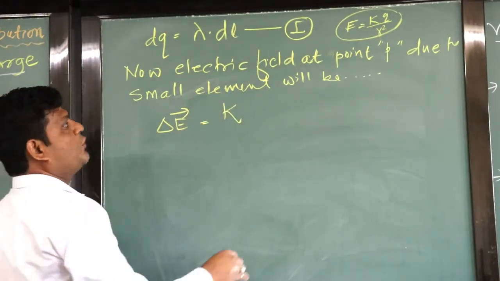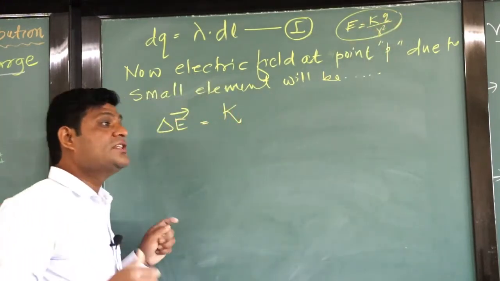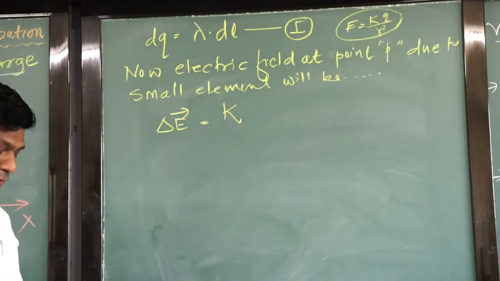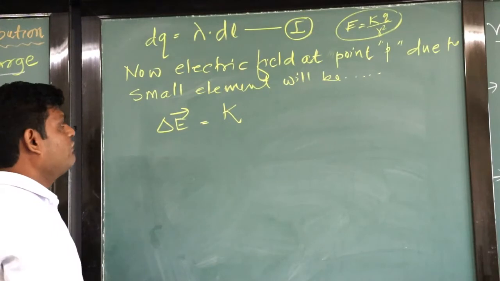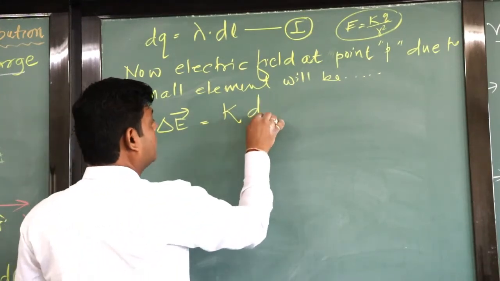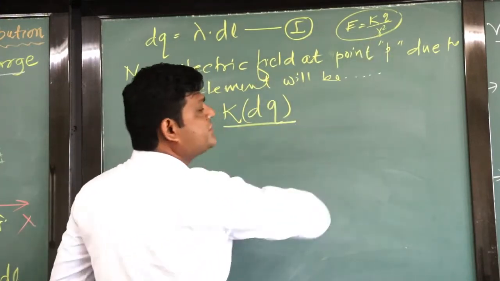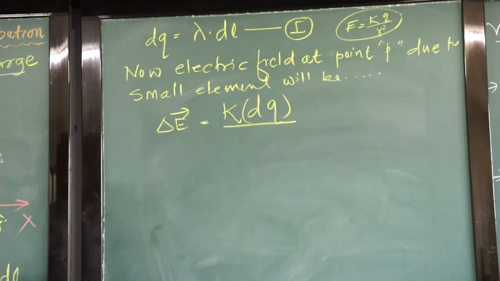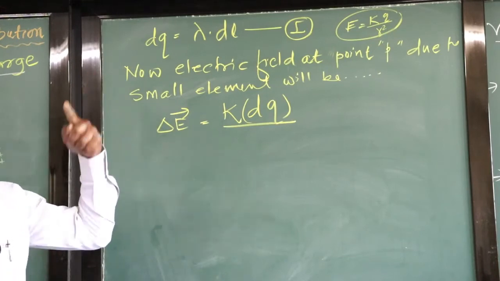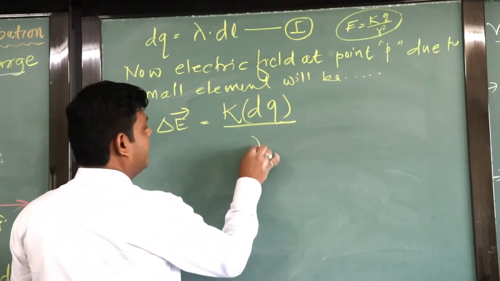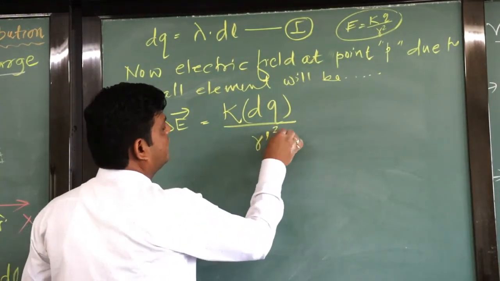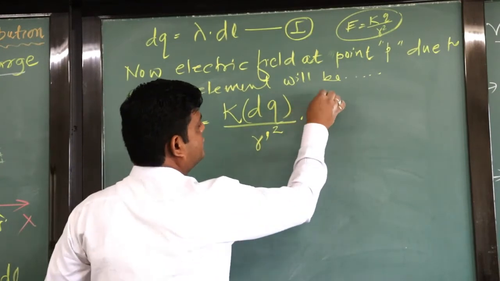What is Q? Q means the charge producing the electric field. Here the electric field is due to the dq charge. So instead of Q we will write dq divided by distance square. What is the distance between the line charge element and point P? That is r dash square, and that is the r dash unit vector.